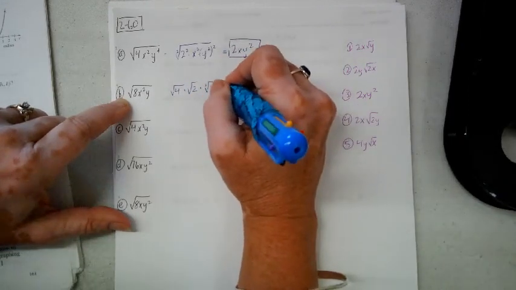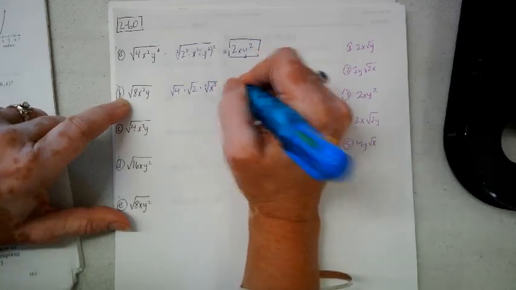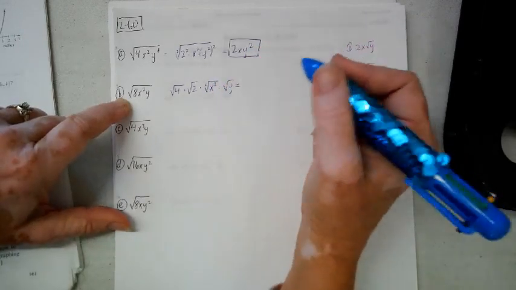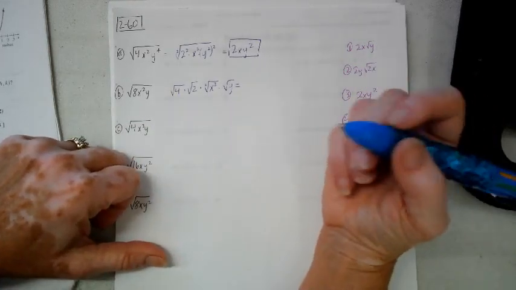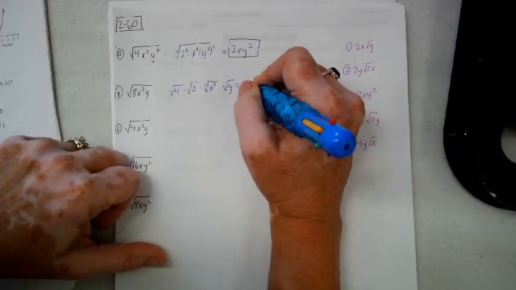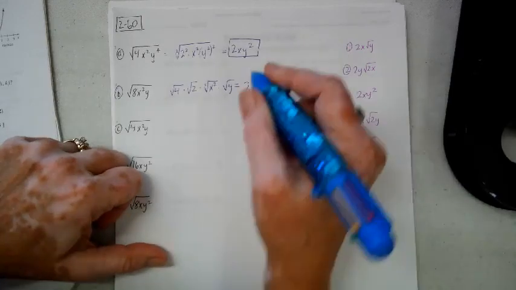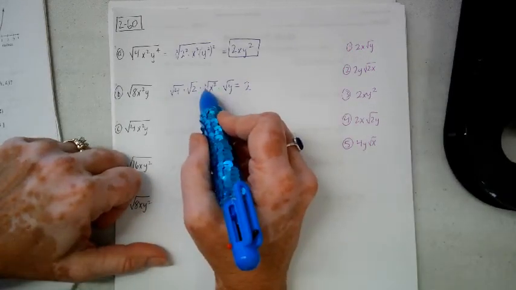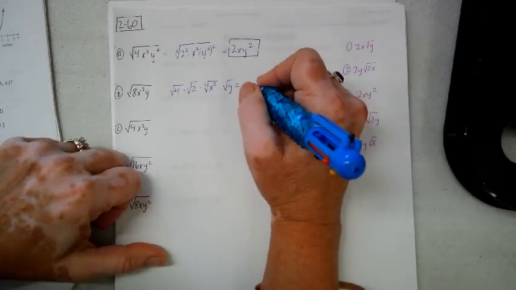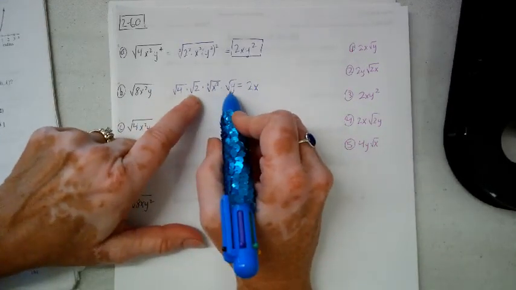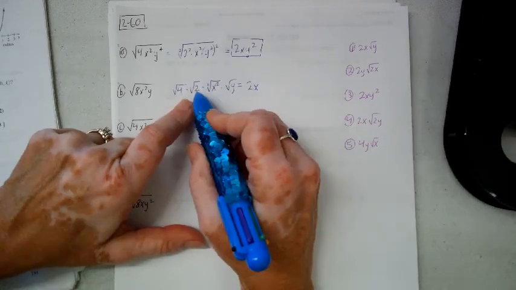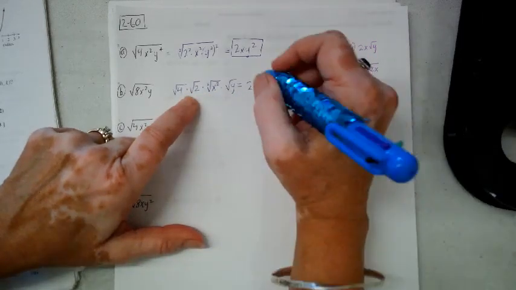And then I'm going to do them all a different way. I hope that doesn't make it worse. So what's the square root of 4? It's just 2, right? So I'm just going to write that down as a 2. And then this one cancels out, so that's going to be an x. And then the only thing I have left underneath the radical sign is the 2 and the y.